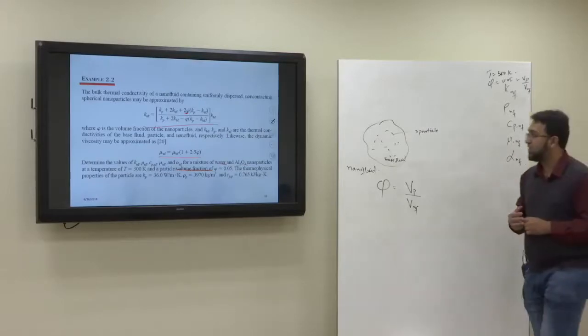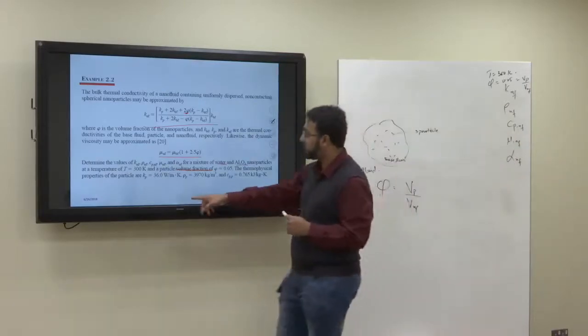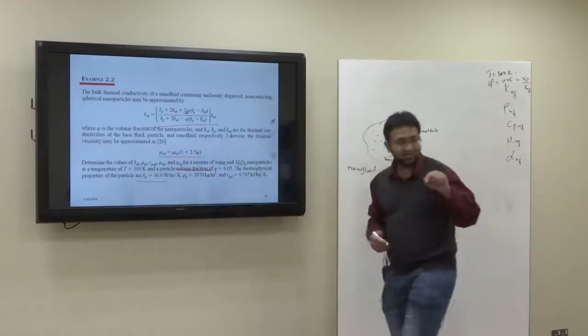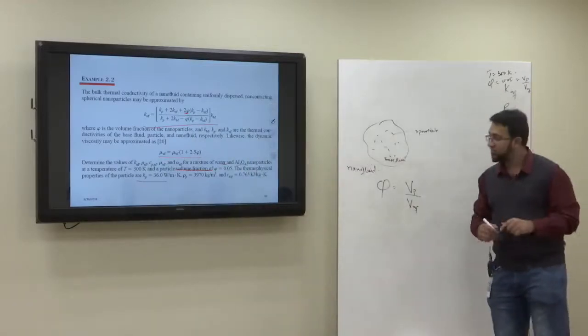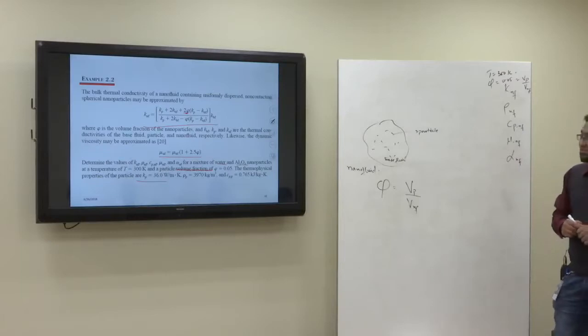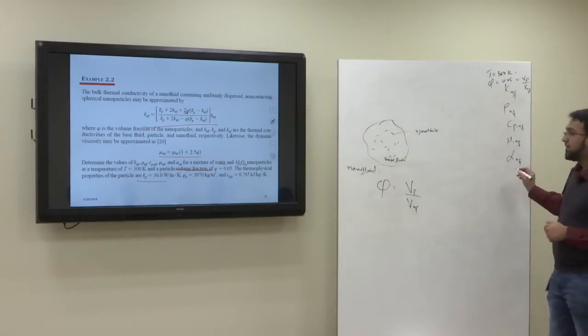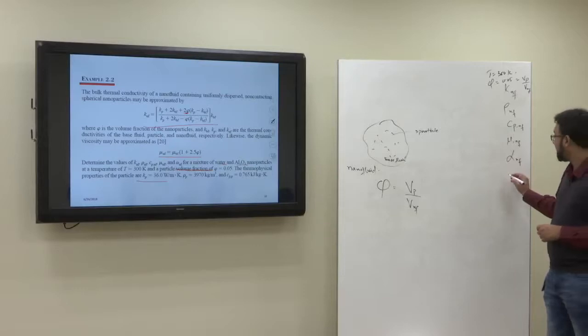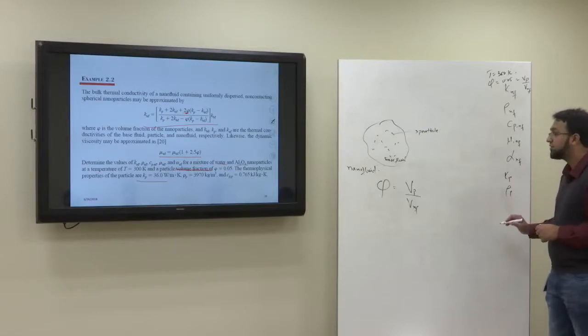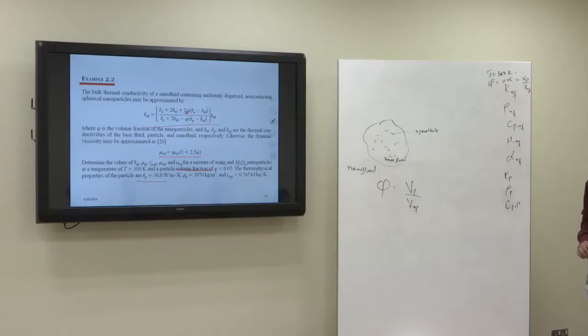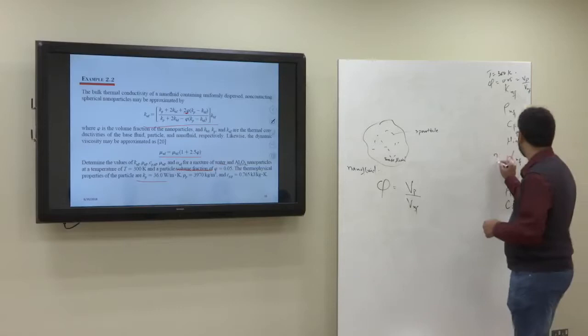The thermophysical properties of the particle, alumina, are given. What is given? For alumina, Kp is given, rho p is given, and Cp p is given: specific heat at constant pressure of the particle, rho of the particle, Kp of the particle, these three things are given. These you need to find.